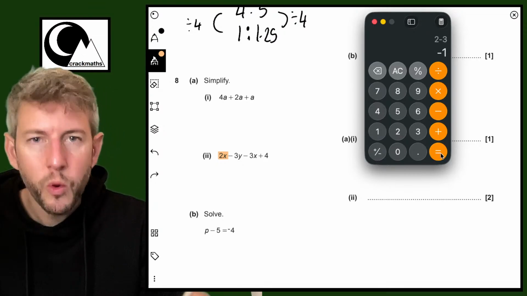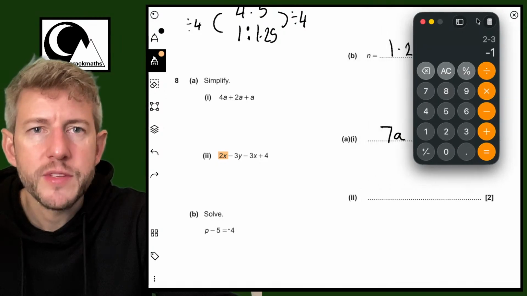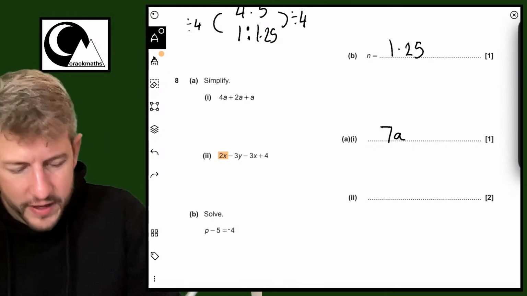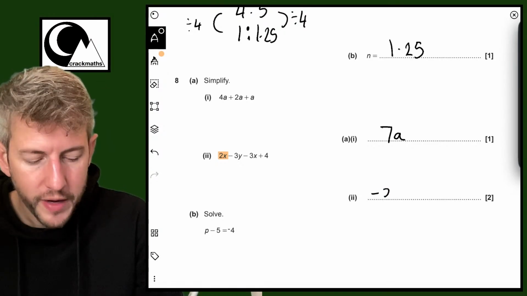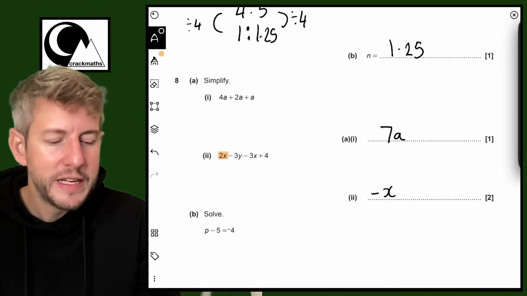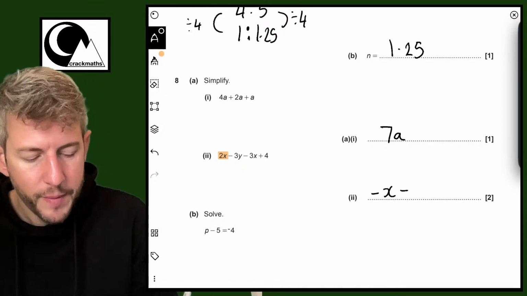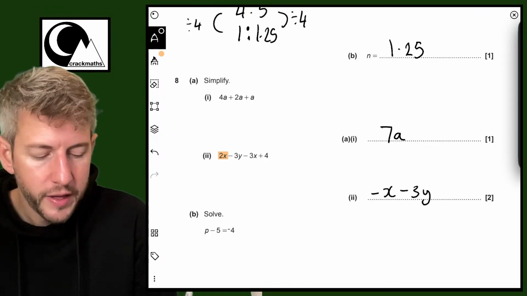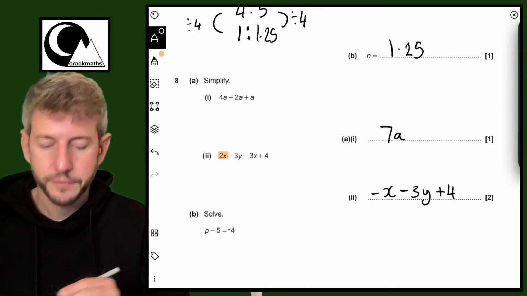So that's minus 1x that we've got there. So I'm going to write that down. So we've got minus 1x, or we can just call it minus x. And then the y's and the 4, we can't really do anything with that, so we just have to write them again as they are. So we've got minus x minus 3y plus 4.